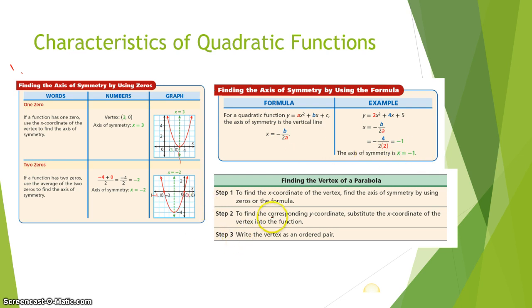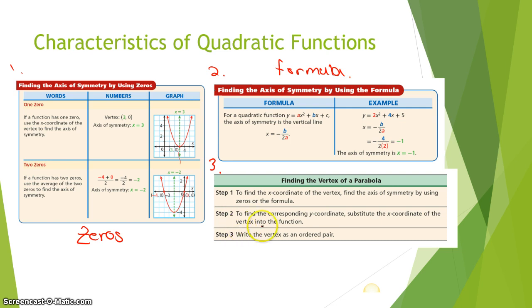Last thing we need to think about is finding the vertex, so this is my second chart, this is my third chart. When we're finding the vertex of a parabola, our first step is to find the x-coordinate of the vertex. Find the axis of symmetry by using zeros or the formula. Here we looked at the zeros, here we looked at the formula with axis of symmetry.